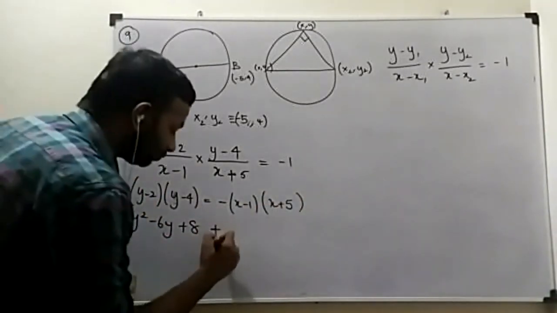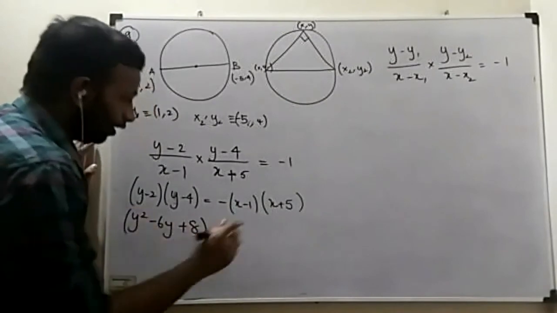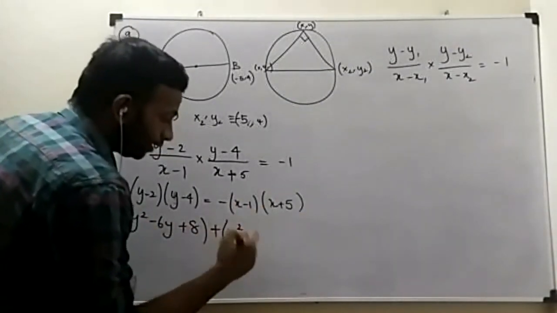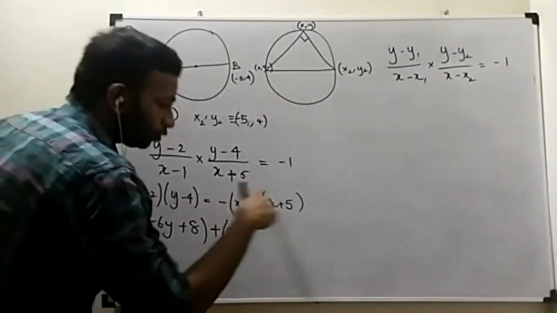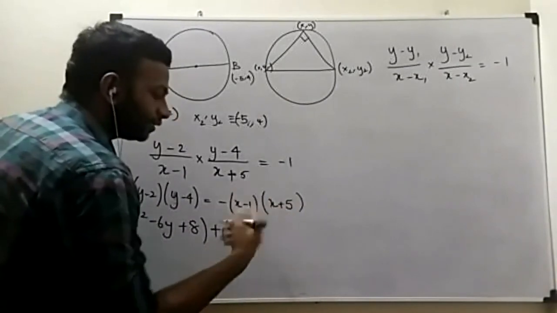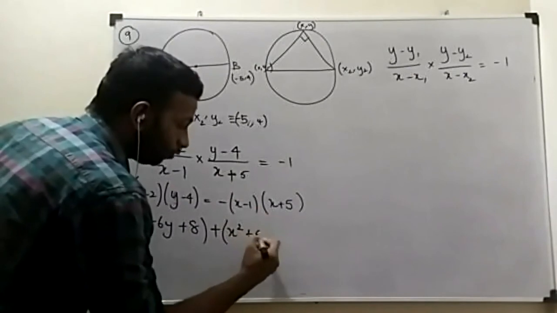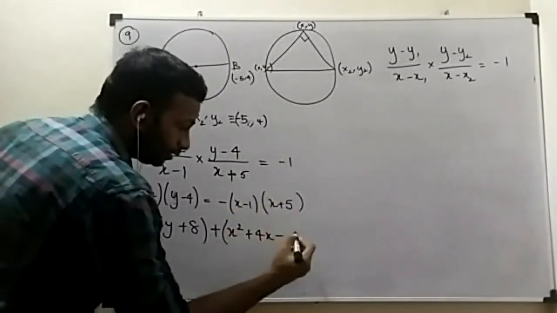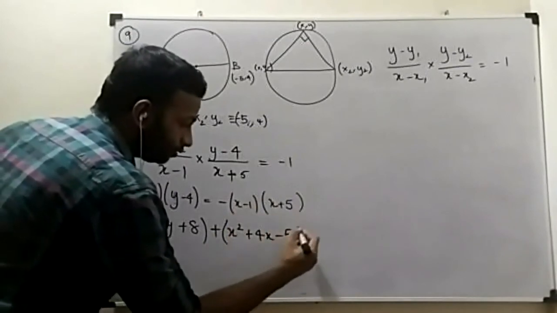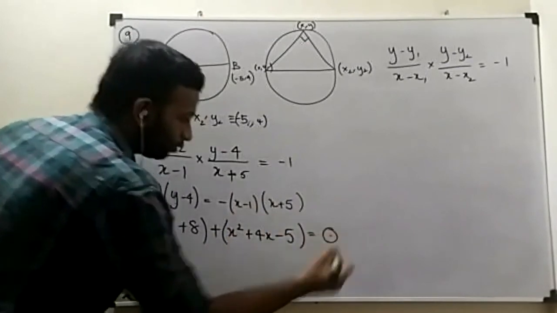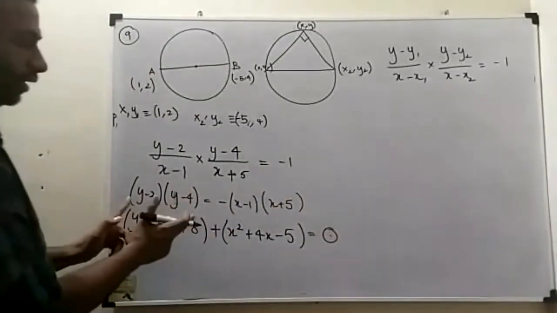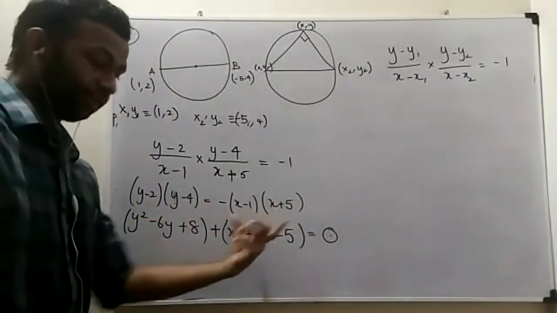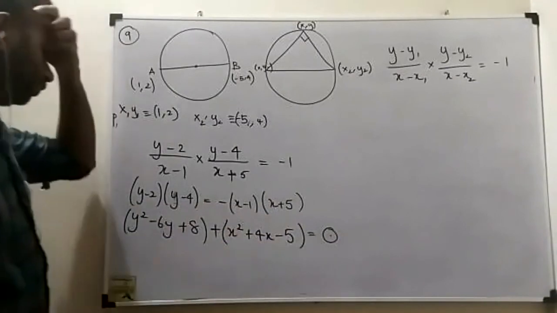So plus, if you simplify this, x times x, x squared, plus 5x minus x, if you add them, it will be plus 4x, and minus 1 times 5 is minus 5, equal to 0. So I took this whole thing to the other side, which makes it positive, and simplified the equation. So you get this.